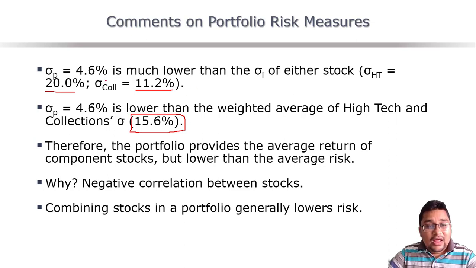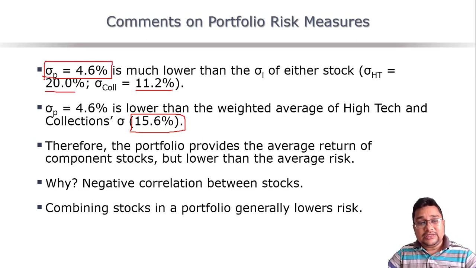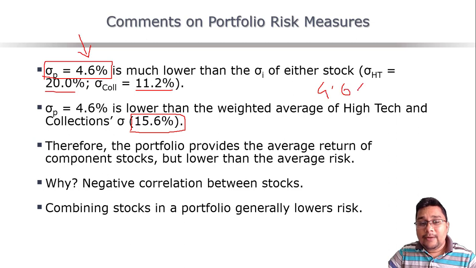But interestingly, after calculating the portfolio standard deviation using the procedure that I have just discussed, we have got 4.6%, which is quite low. 4.6% is lower than the weighted average standard deviation of the individual securities.